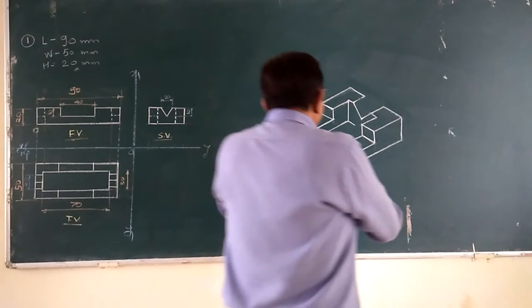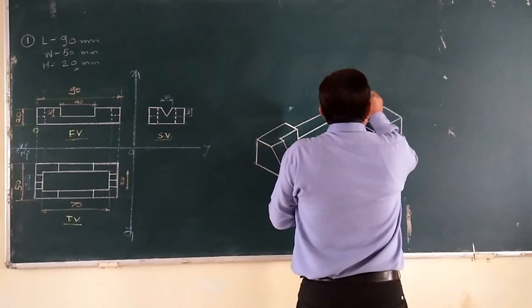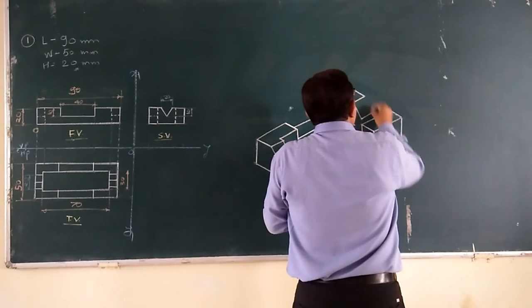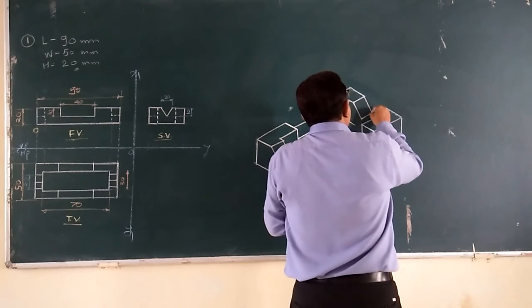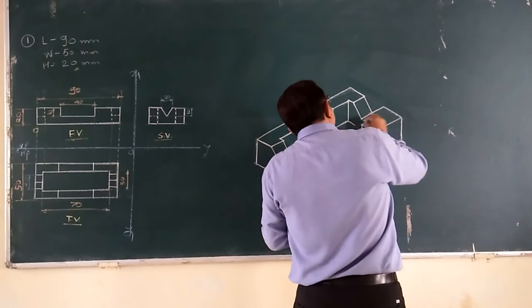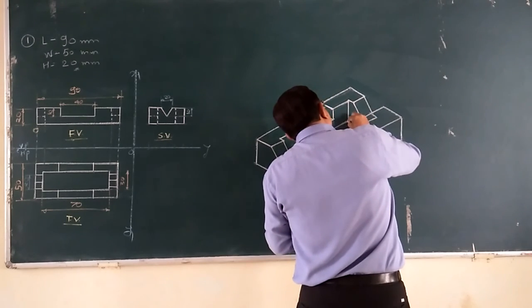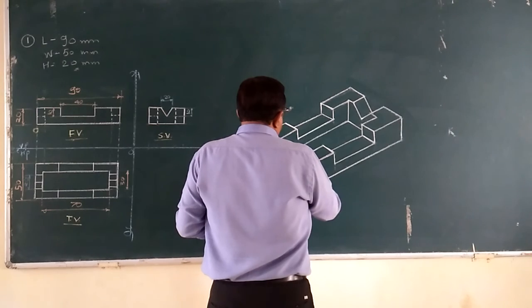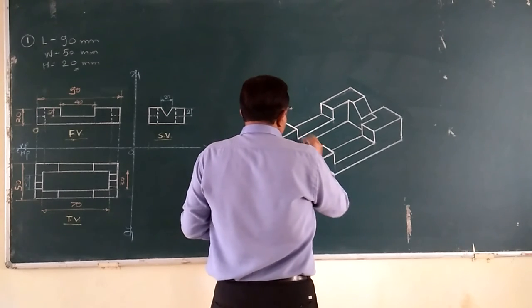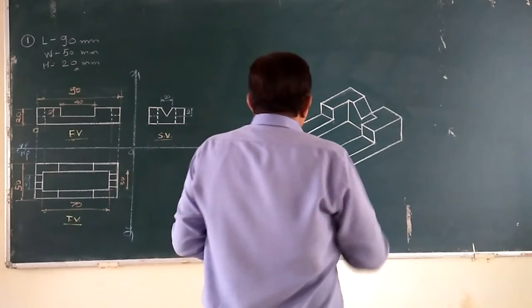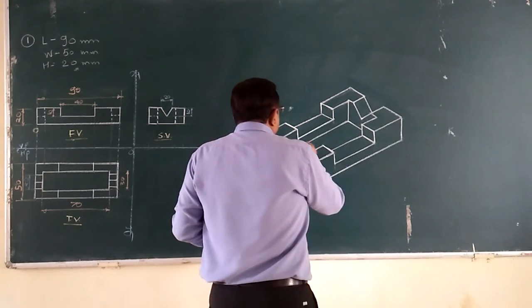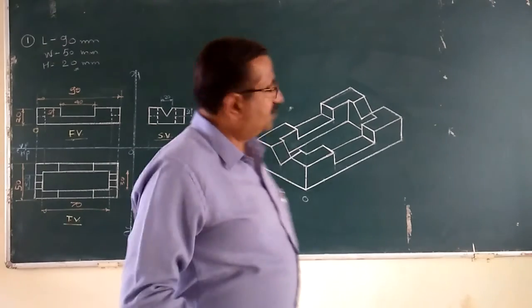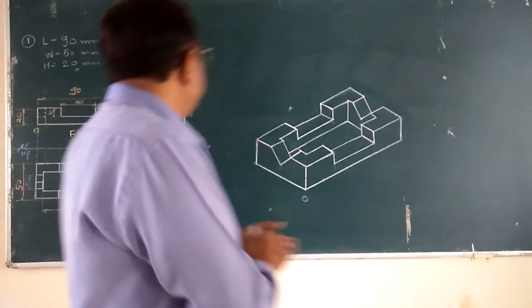This much will be retained with us. Parallel to this, this should run in this way. This corner should be parallel to left 30. It should be projected, extended in this way. It should be extended, and ultimately this will be the full and final isometric projection solution.